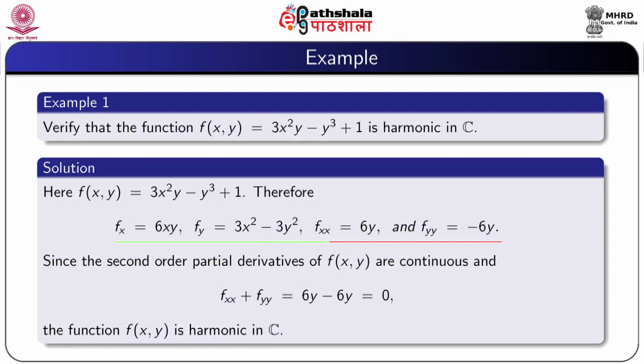Again differentiating, we obtain ∂²f/∂x² equal to 6y and ∂²f/∂y² equal to minus 6y. Since the second order partial derivatives of f are continuous and ∂²f/∂x² plus ∂²f/∂y² is 0, the function f is harmonic in the complex plane C.